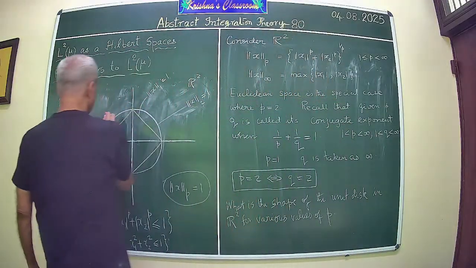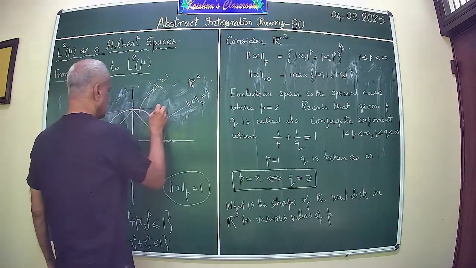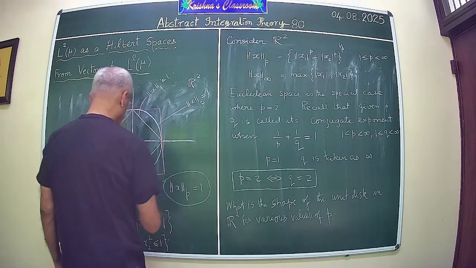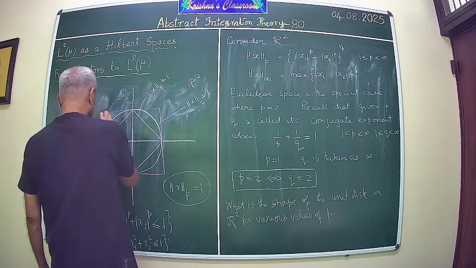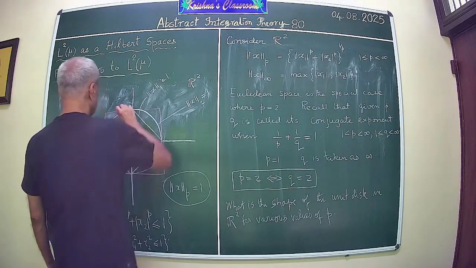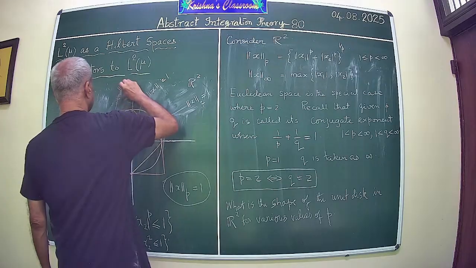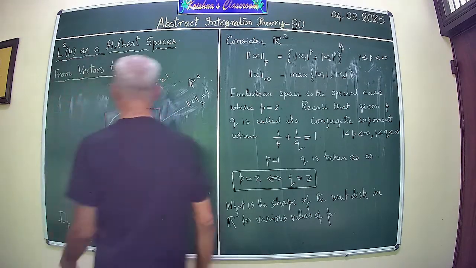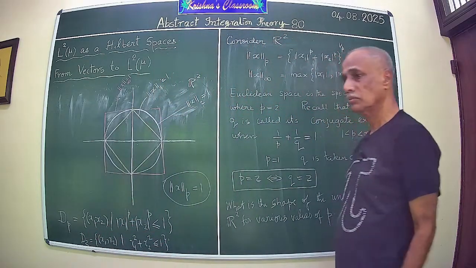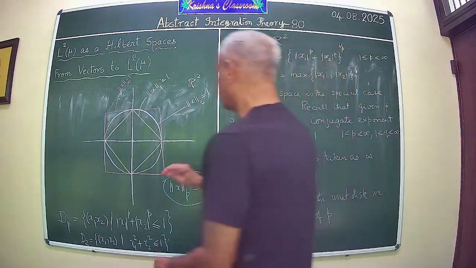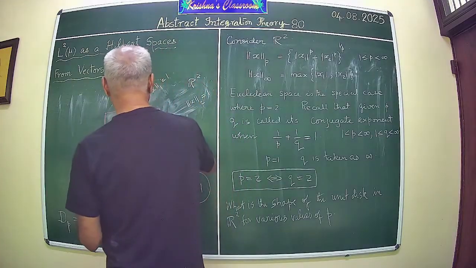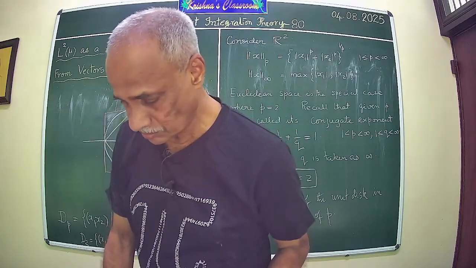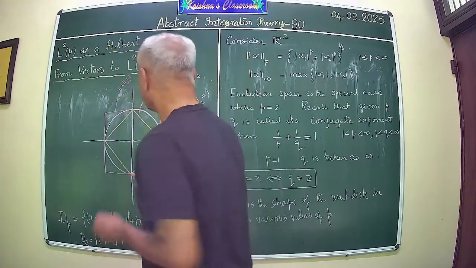This is the case where you get 1. And for all other values, p goes from 1 to infinity.